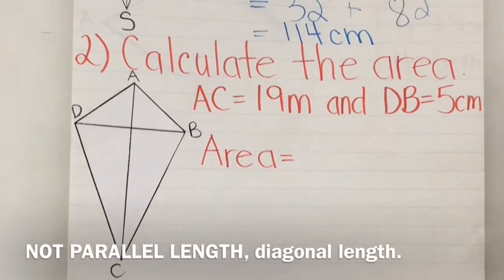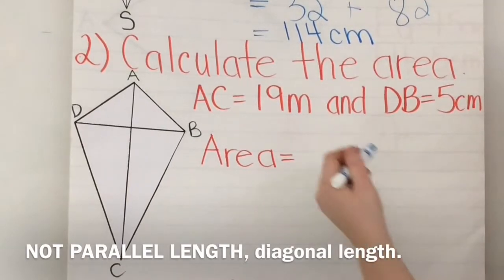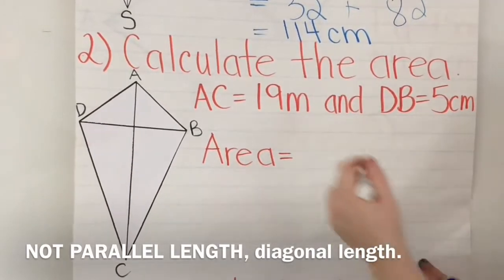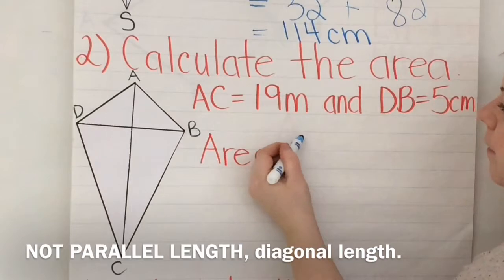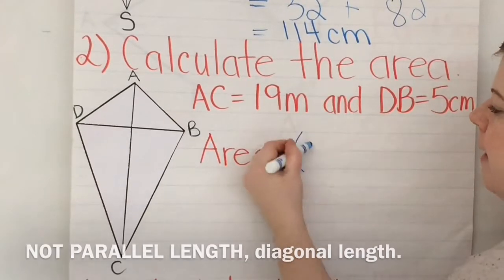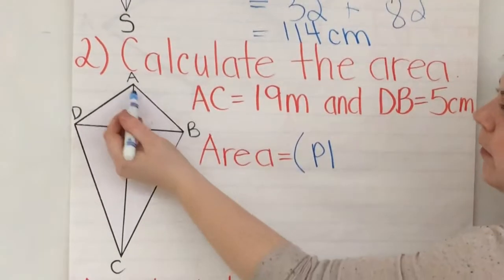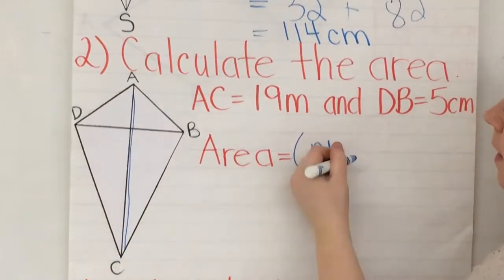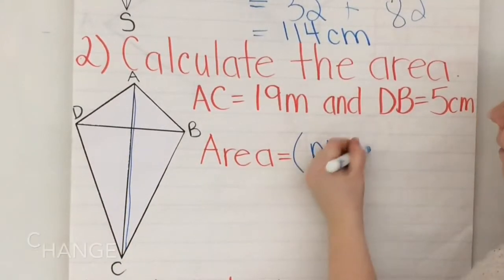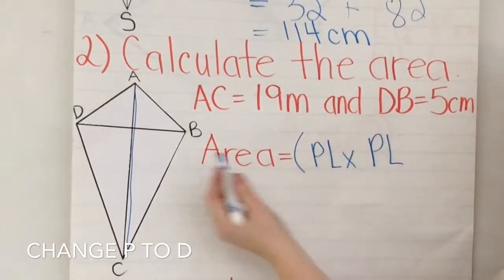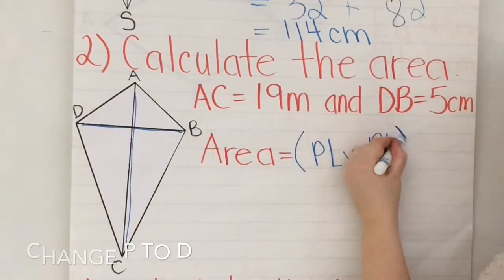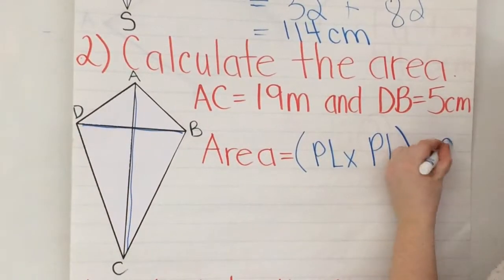Now, do we remember our formula? Our formula is area equals parallel length, which is this, multiplied by parallel length, which is this, divided by 2.